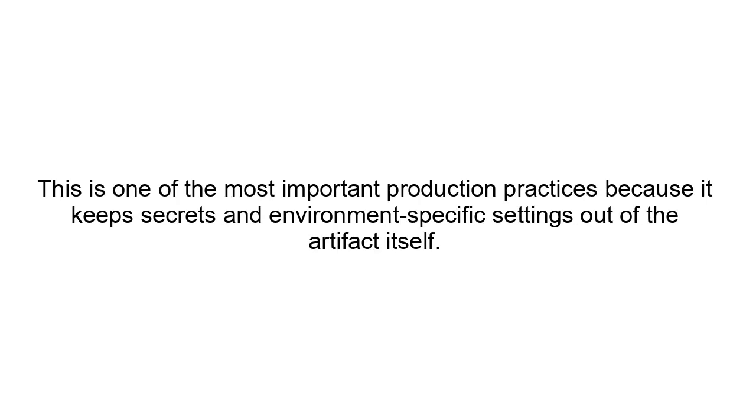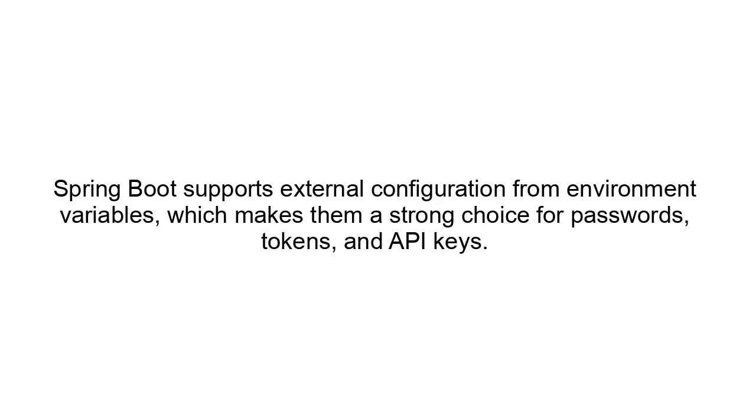This is one of the most important production practices because it keeps secrets and environment-specific settings out of the artifact itself. Step 5. Use environment variables for secrets. Spring Boot supports external configuration from environment variables, which makes them a strong choice for passwords, tokens, and API keys.